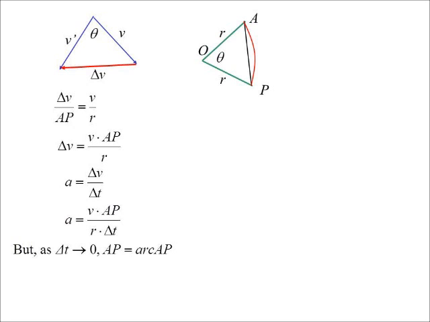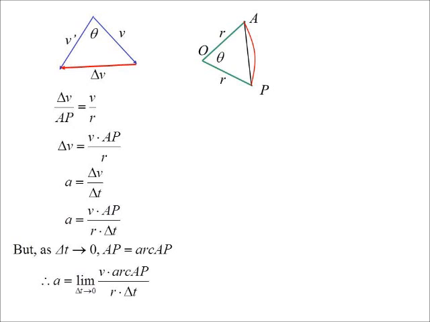So we're interested in what happens as the change in time approaches zero. Well, as the change in time approaches zero, the length of AP, the chord, would be approaching the length of the arc, or vice versa, but basically they'll be close to being the same thing. So I could say arc AP is the same length as the chord AP. Alright, so acceleration is the limit, as delta t approaches zero, of velocity times arc AP over r times change in time.